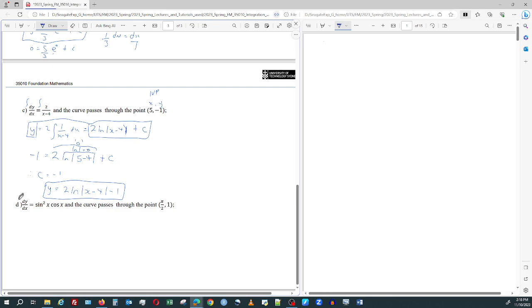We're going to be integrating both sides. So y will be the integral of sine squared x cos x, so we'll use the u substitution of sine x, staying in the column.